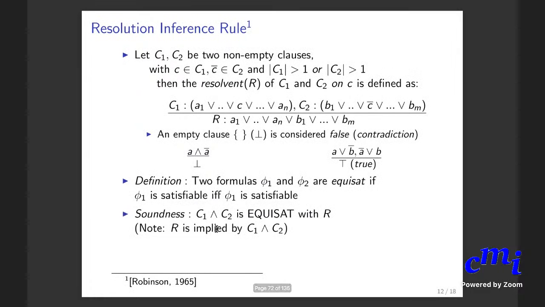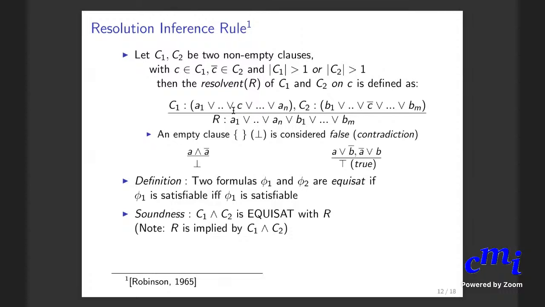Given this, what this resolution inference rule guarantees is that the resolvent you get by applying the resolution operation on the complementing literals is equisat with the original. Actually, you can say more: the resolvent is always implied.